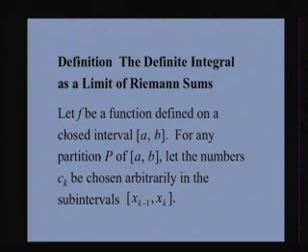Let f be a function defined on a closed interval a comma b. For any partition p of the interval a b, let the numbers c sub k be chosen arbitrarily in the subintervals x sub k minus 1 comma x sub k.